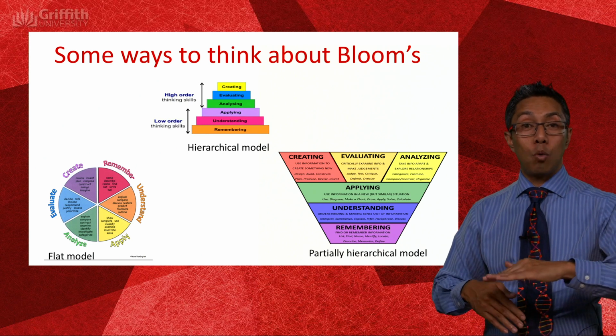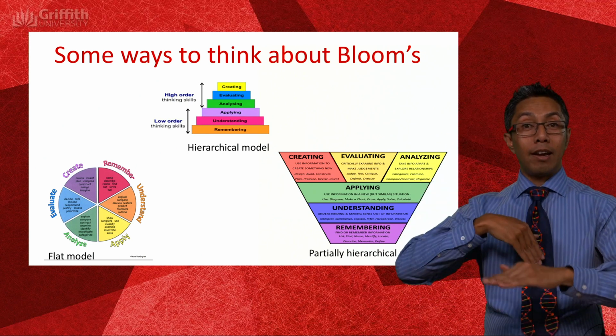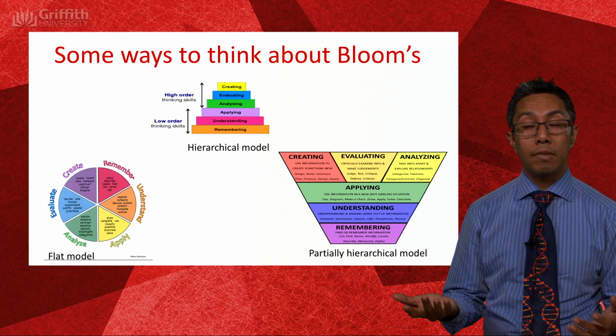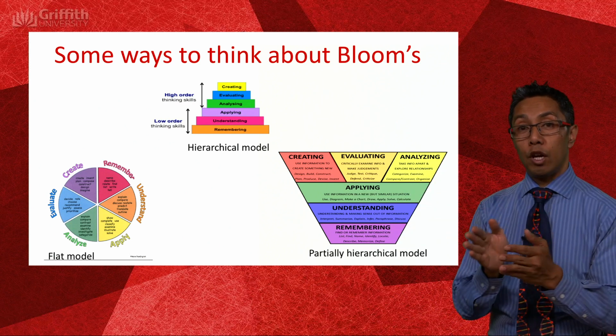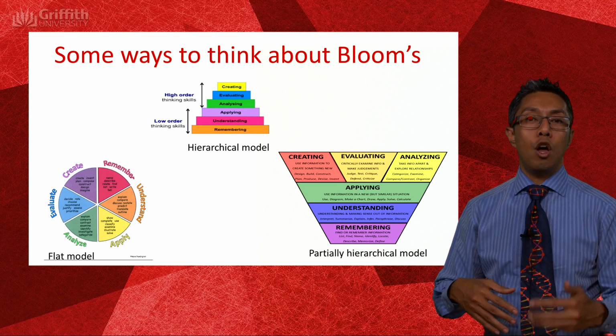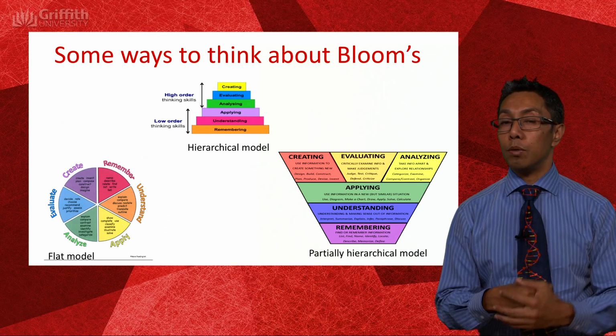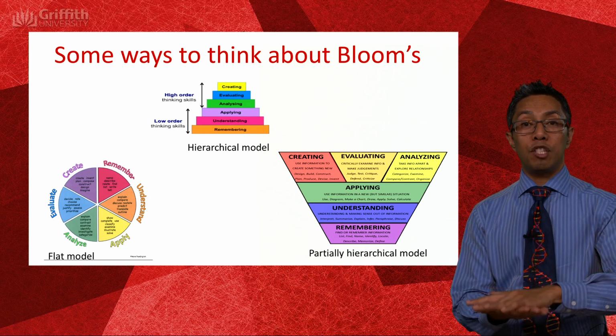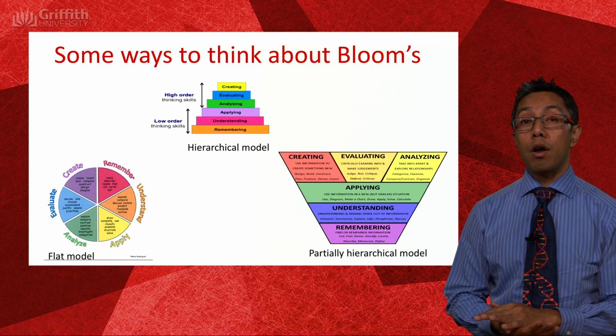So you can do something at quite a low level, remembering at a low level, as well as remembering at quite a high level. Same thing with creating. So you can create at a very low level, so you can generate questions. Why am I here? Why is the sky blue? So they are very low level types of creation, but you can also do creation at quite a high level.